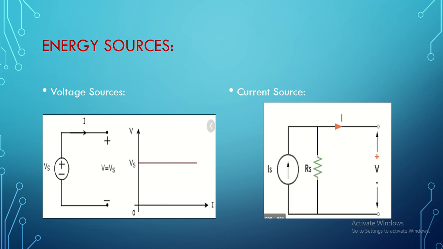A voltage source is a source which delivers energy with a specified terminal voltage which is independent of the current supplied by the source. A current source is a source which delivers energy with a specified current which is independent of the voltage at its terminal.